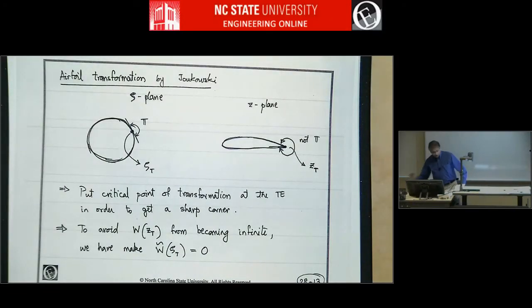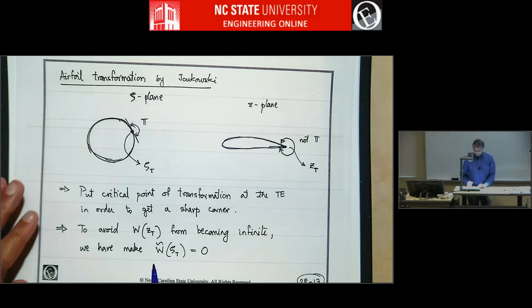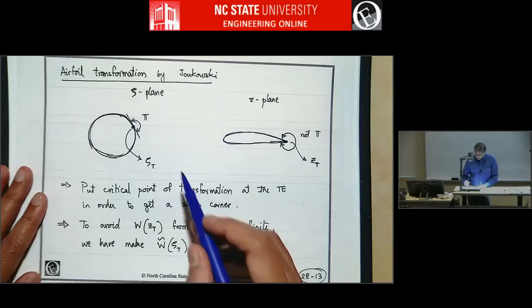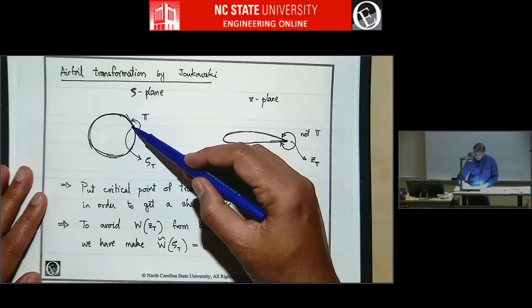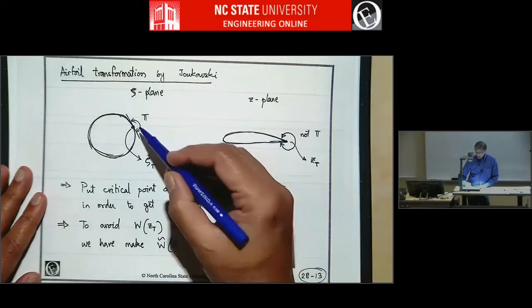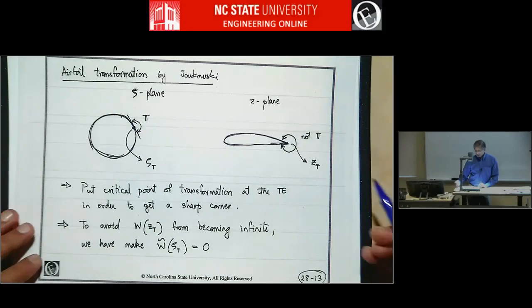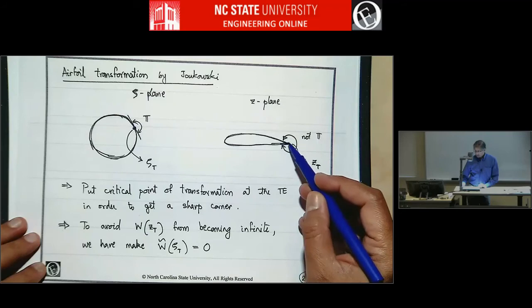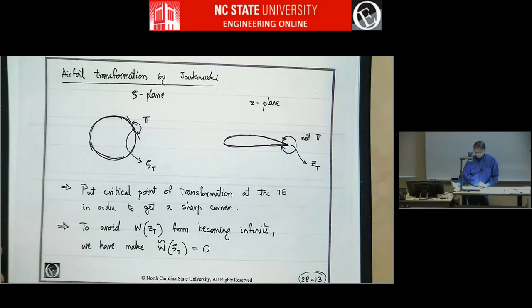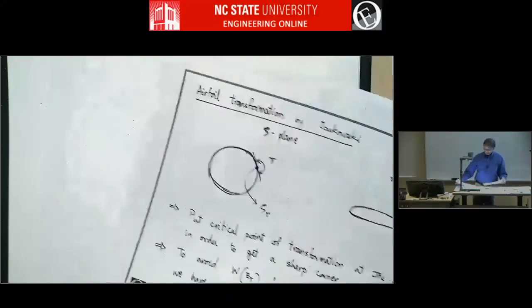So the only thing you can do is, whatever point you choose on the circle to map to the trailing edge, you have to make sure the velocity there is 0. If the velocity is 0, then this velocity here won't become infinity. It will become finite.